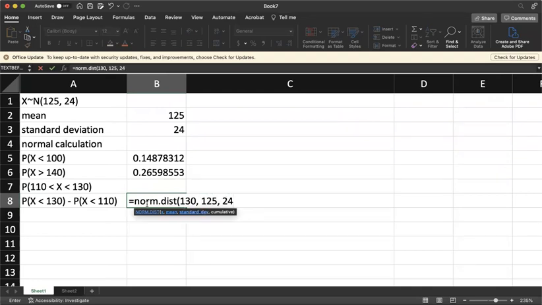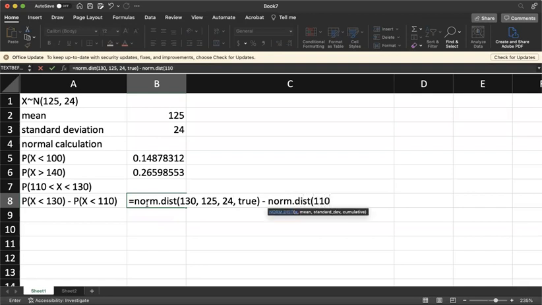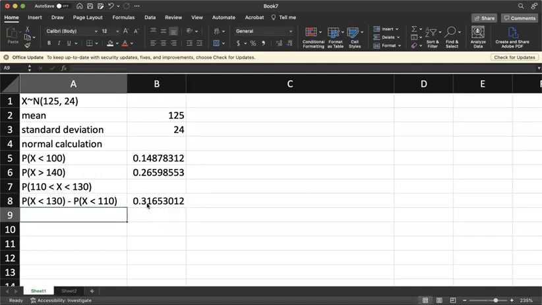So we're looking to go up to 130, all true, with the mean, standard deviation. And then if we subtract off the part that we didn't want, that it accumulated too much of, we can subtract off the part that we don't want. And if you look, that gives us 0.3165, which is exactly what slide 16 had.